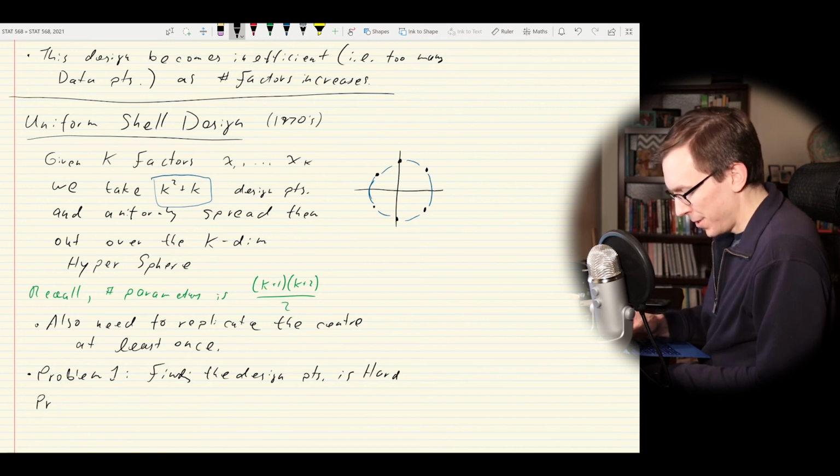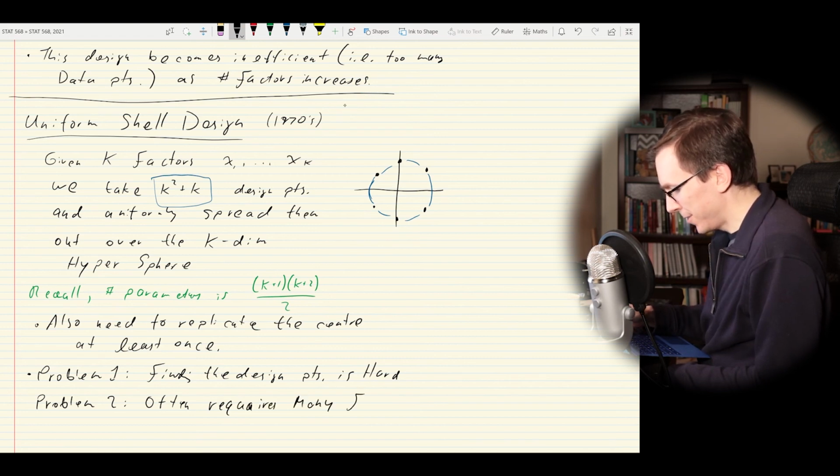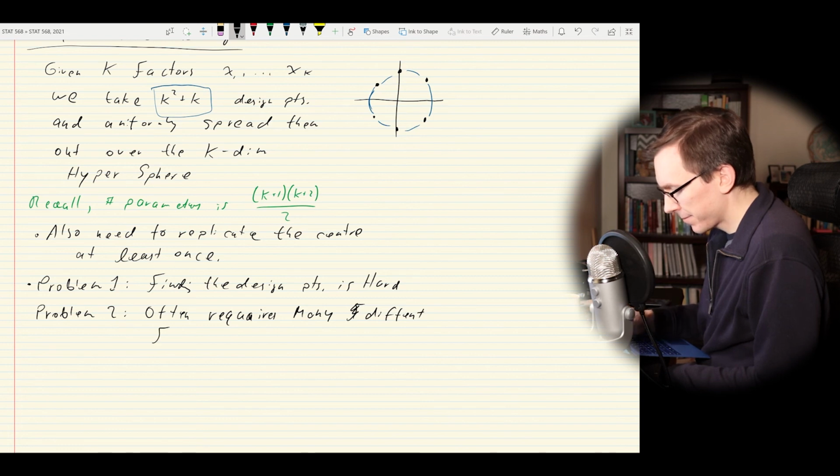Problem two is often that it requires many different factor levels. And that can be troublesome.